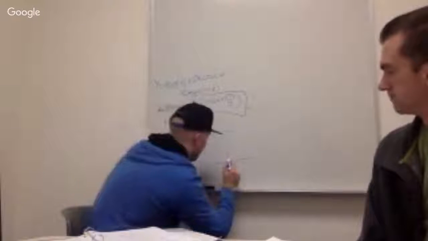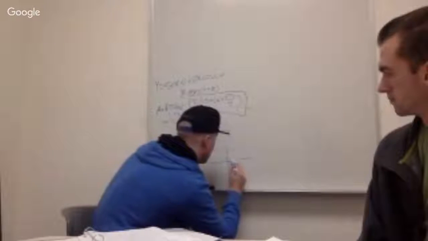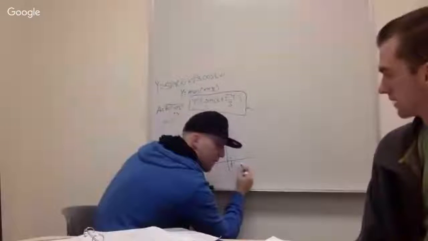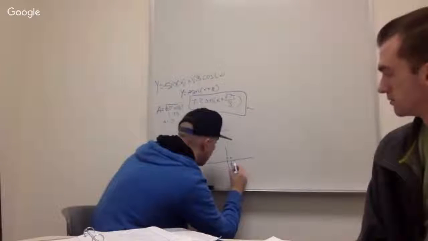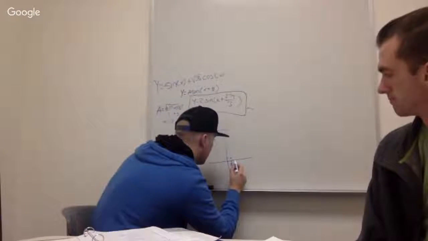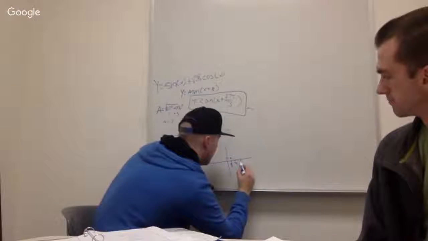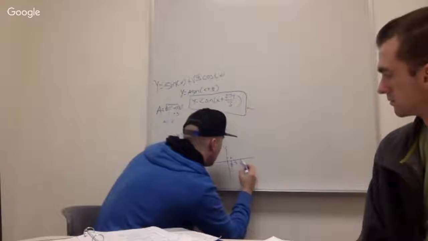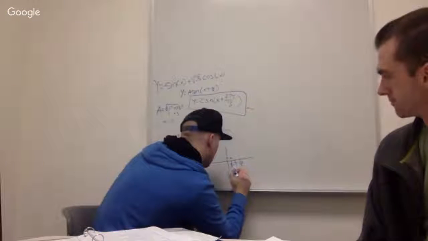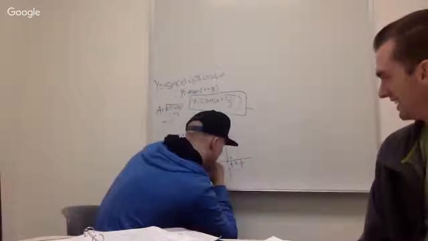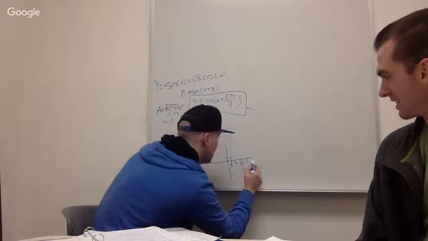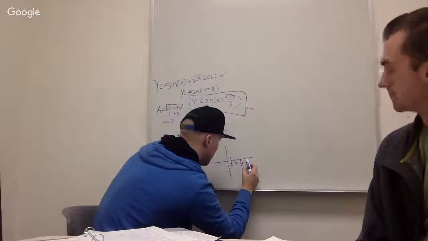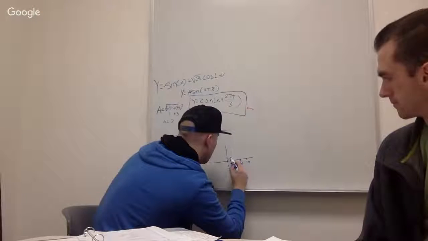Let's put that there. The next point is pi, and sine of pi is 0. Then 3 pi halves, and that is -1. I'll stick it right here. And the next one is 2 pi, which is 0.